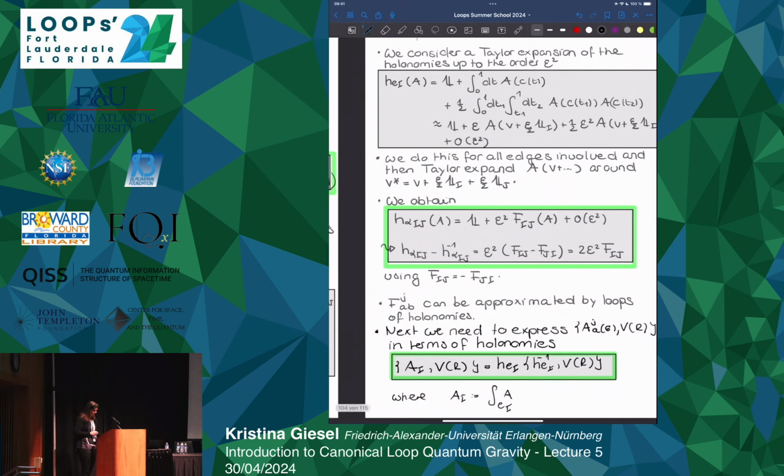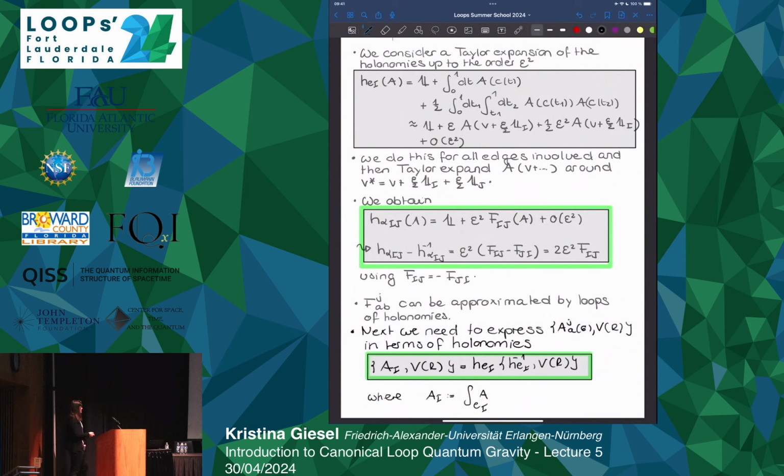The result is you can approximate the Poisson bracket, which includes here the connection integrated along the edge e_i, by this combination where you have the inverse holonomy along e_i in the Poisson bracket and the holonomy outside. And this can be shown in a similar manner. You basically just expand these involved holonomies up to linear order in epsilon and then collect all terms in linear order, and you will get this relation.